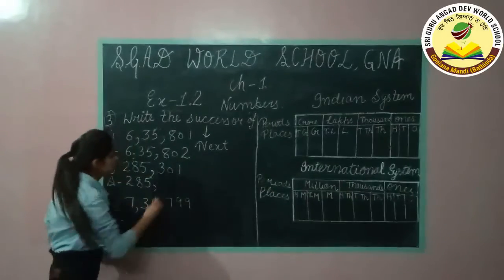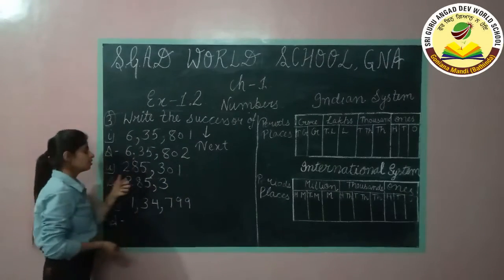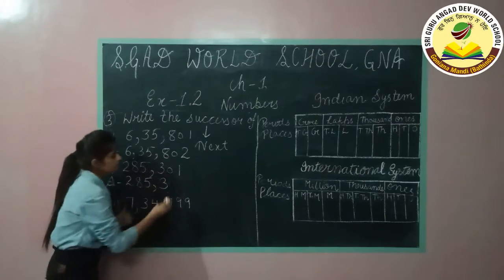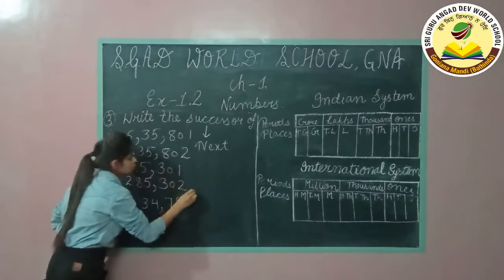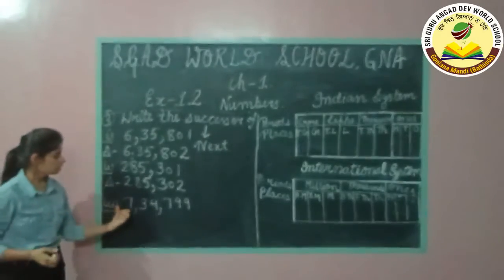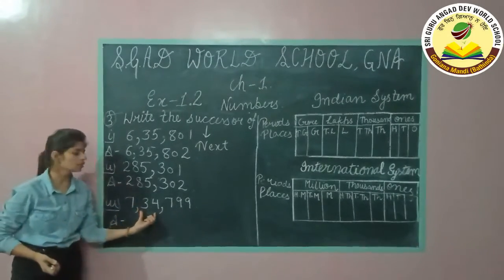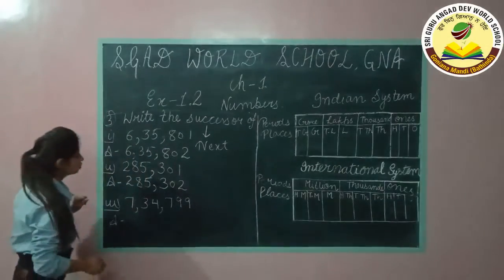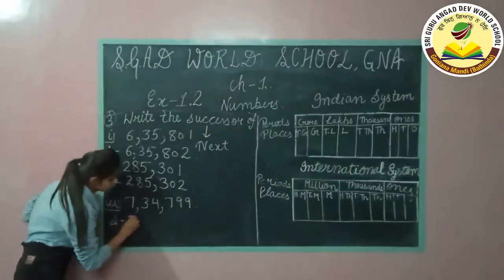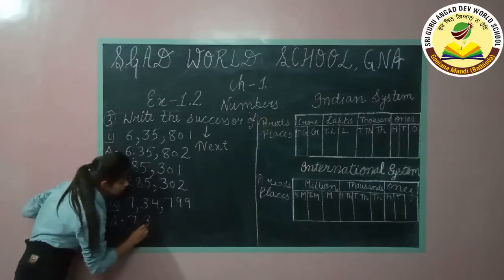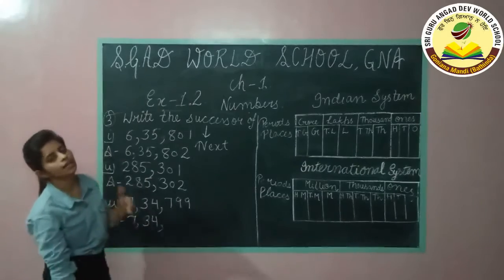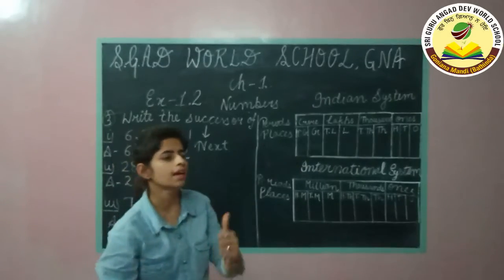So the successor of 285,301 is 285,302. In this one, 7,34,799, we write the successor. The next number after 7,34,799 is 800.